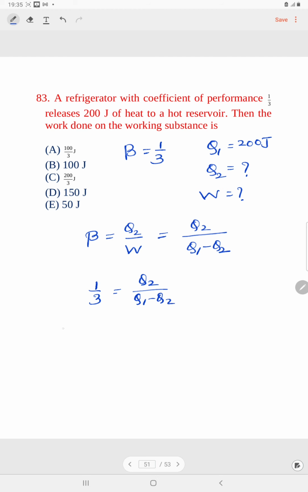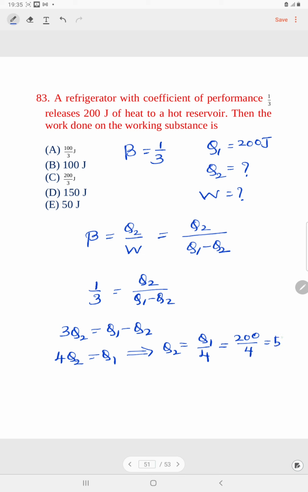Cross multiply. Now 3Q2 is equal to Q1 minus Q2. Minus Q2 is taken to the left hand side, it becomes plus Q2. So 4Q2 is equal to Q1. That means Q2 equals Q1 divided by 4, and Q1 is 200, divided by 4, that is 50 joule.